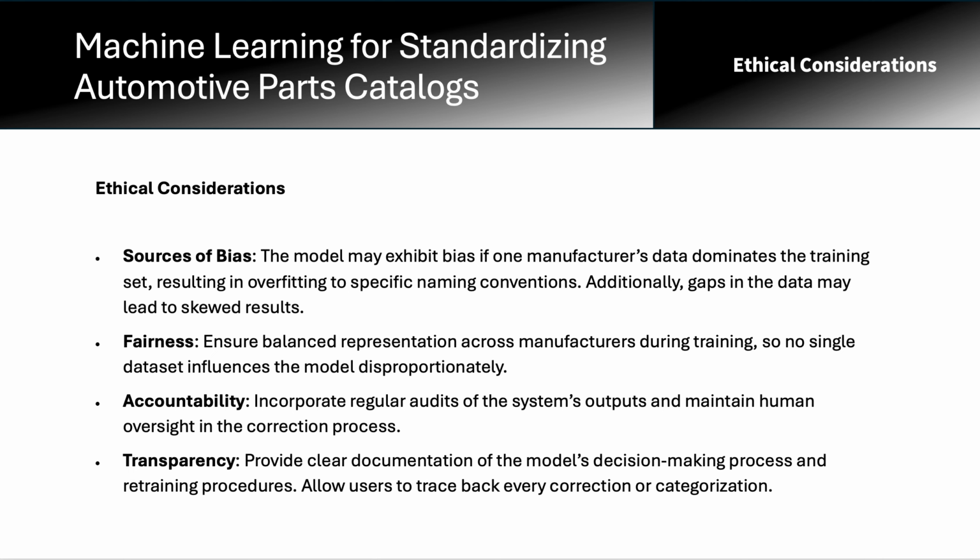Fairness: we have to ensure balanced representation across manufacturers during training, so no single data set influences the model disproportionately. Accountability: we have to incorporate regular audits of the system's outputs and maintain human oversight in the correction process. And transparency: provide clear documentation of the model's decision-making process and retraining procedures. Allow users to trace back every correction or categorization.